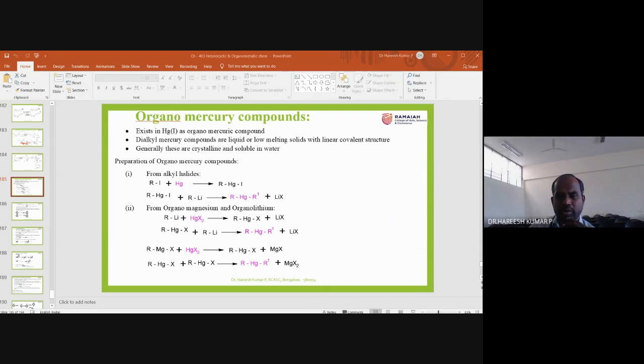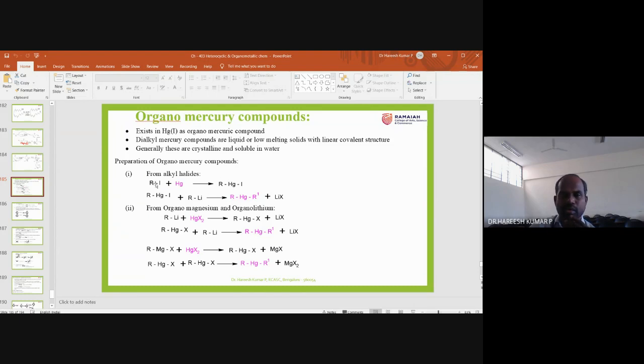When it is treated with mercury, Hg, a metal, there will be formation of a compound called RHgI. What is the name of RHgI? Alkyl mercuric iodide, otherwise iodo-alkyl mercury(II). Iodo-alkyl mercury(II) is the IUPAC name, and alkyl mercuric iodide is the common or trivial name.